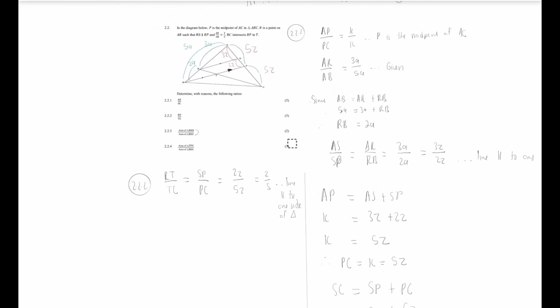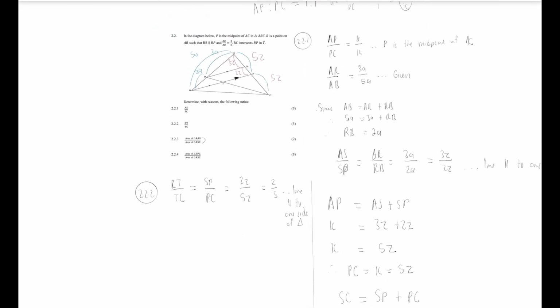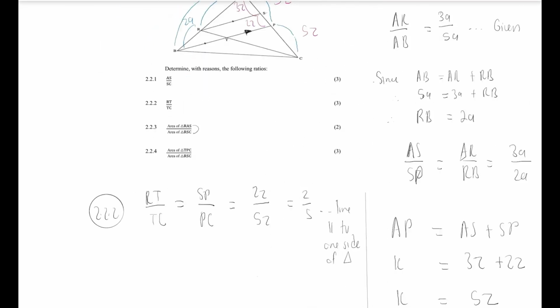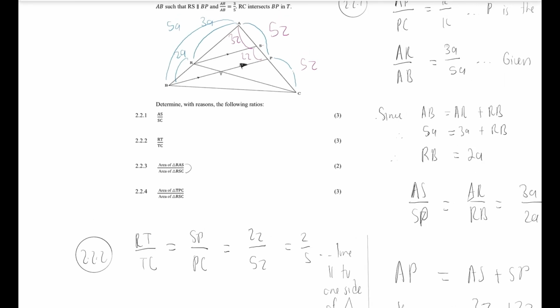So now basically we are calculating the area of triangle RAS over the triangle RSC. So now you see your RAS and your RSC have a common line, which is RS, right?